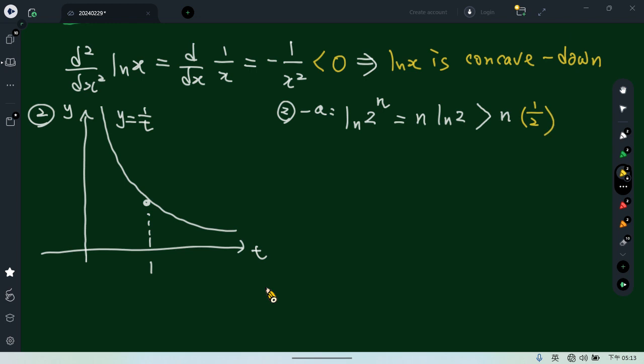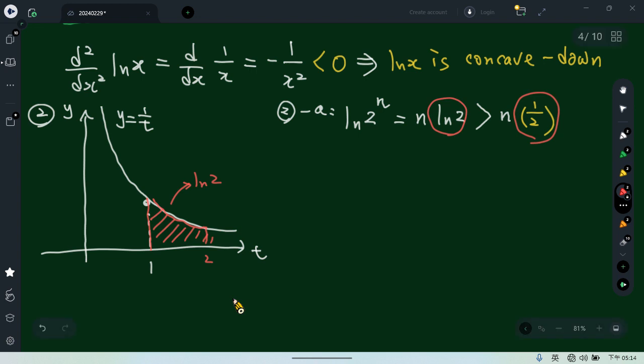Why can I say ln 2 is larger than 1/2? Because ln 2 means I try to calculate the area from 1 to 2, right? Supposedly this part will be ln 2, but ln 2 is larger than 1/2. Why?